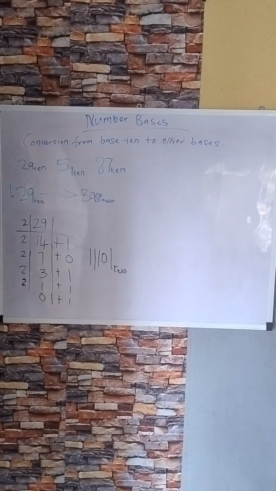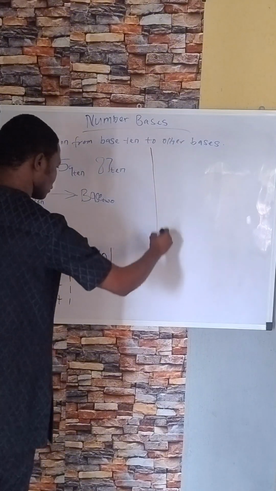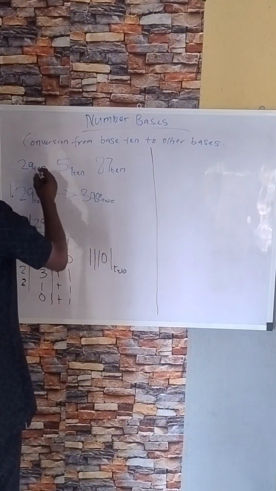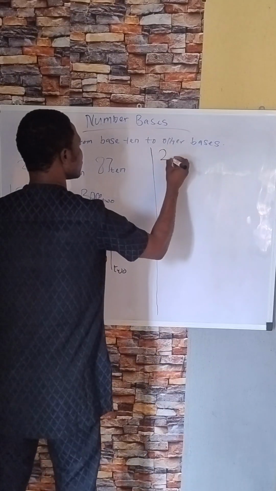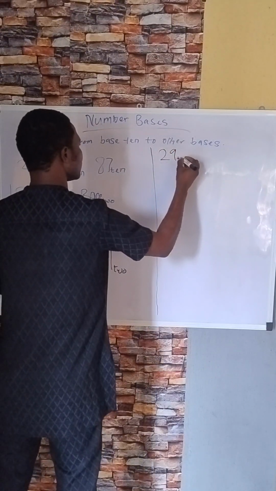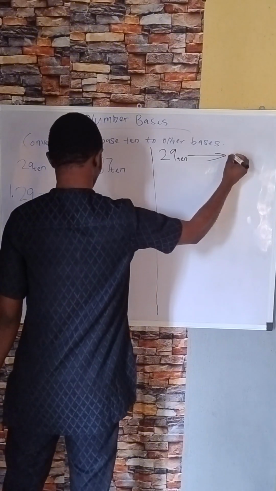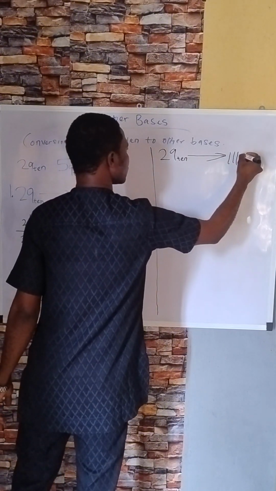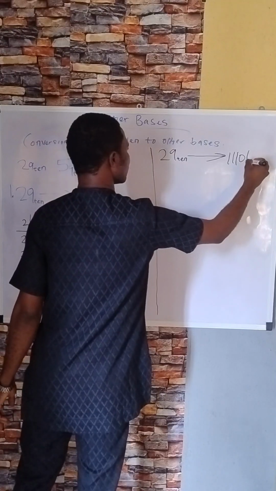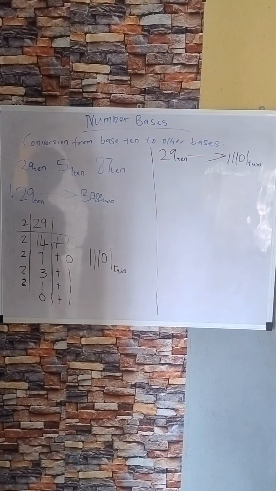So let's leave it here. 29 base 10 to base 2 will become 1, 1, 1, 0, 1 base 2.